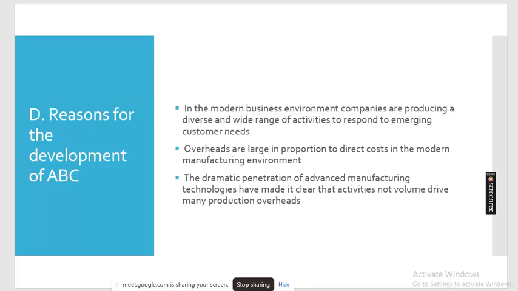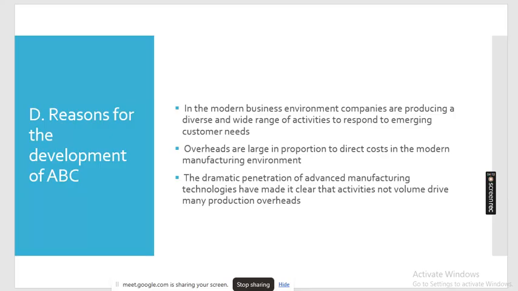Why was activity-based costing introduced? It was introduced for three reasons. The first reason is the large range of products and activities that we have. In the modern business environment, we see companies producing a lot of products and a wide range of activities so that they respond to what customers need.